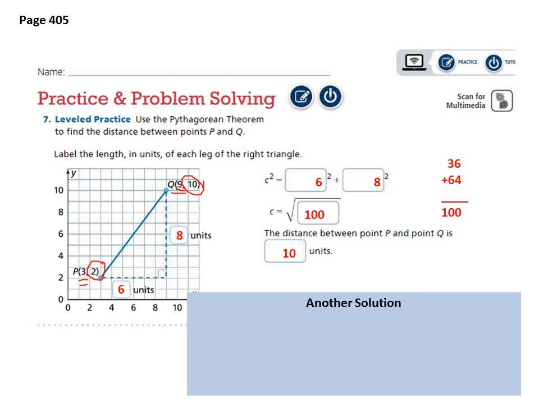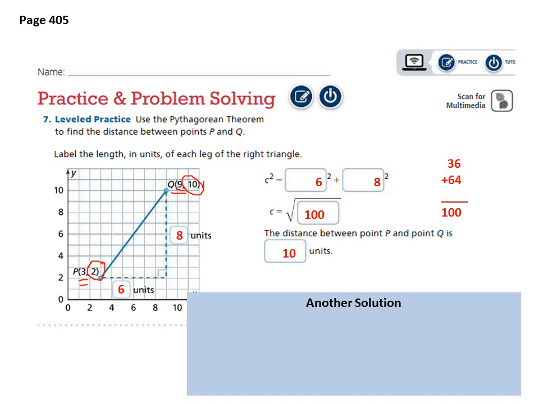we have another solution, remember? We can write a formula to find the distance between any 2 points in the coordinate plane. Look here. Of course, how to find the horizontal leg or the horizontal distance?